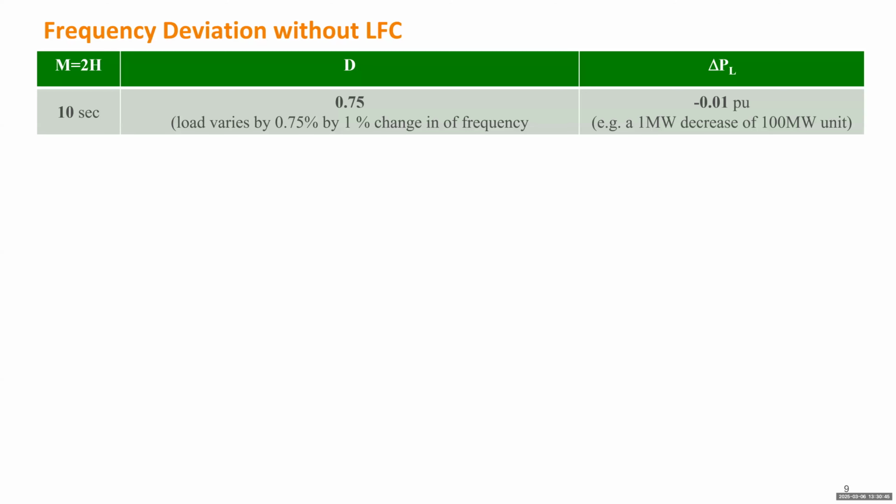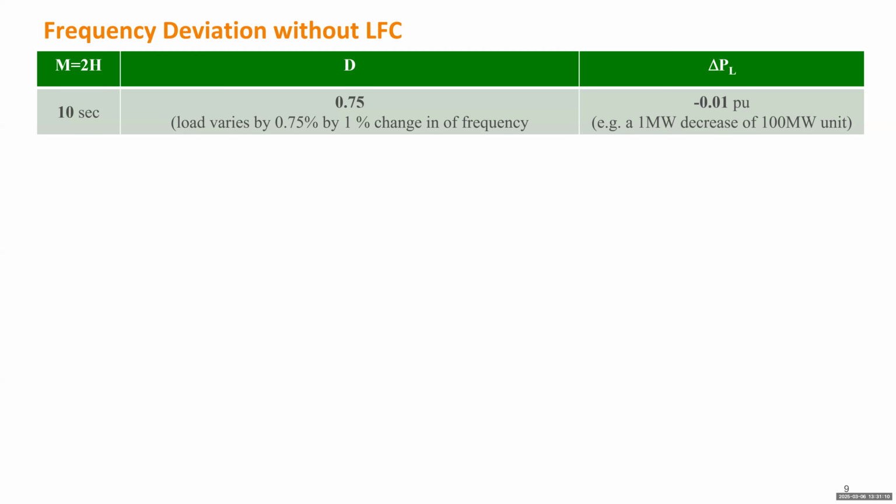Okay, so now let's see how the frequency deviation can be if we don't have any load frequency control. Let's assume H has a value of 5 seconds, which means 2H, the time it takes to speed up from standstill to the rated speed using the rated power, will be 10 seconds.